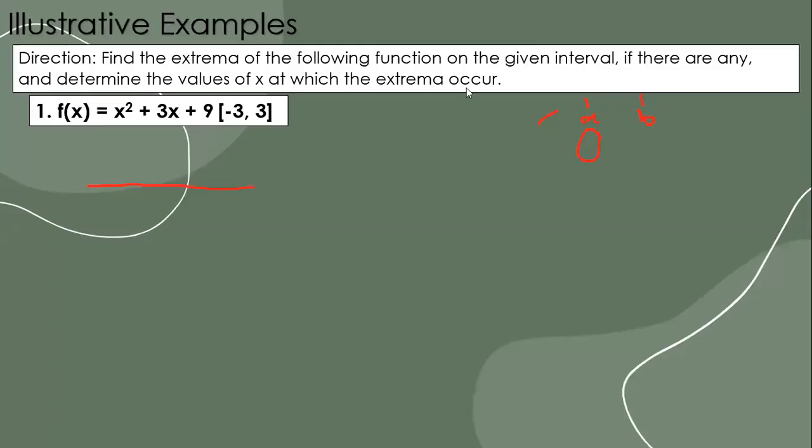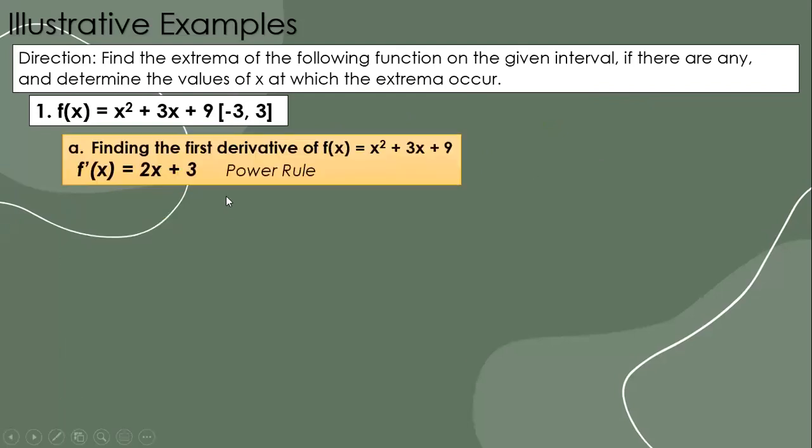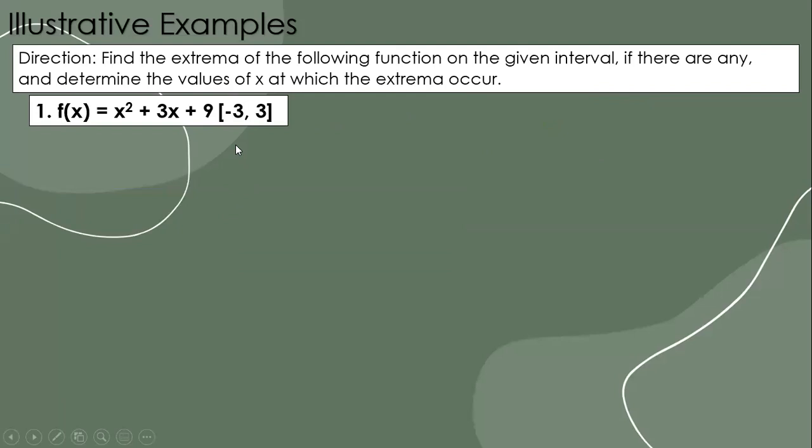Let's have an example. So for our first example, we have to find the maximum and minimum sa ating given function. So we have x squared plus 3x plus 9, so that is negative 3 to 3. Okay. So let's try. So tingnan muna natin kung ano itsura ng x squared plus 3x plus 9 from negative 3 to 3.